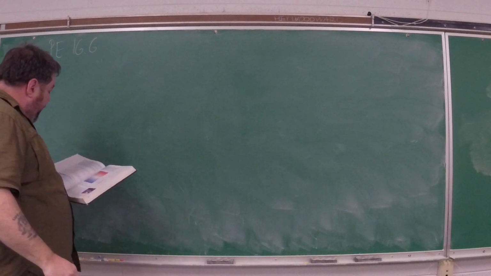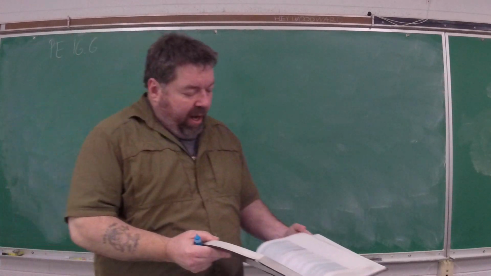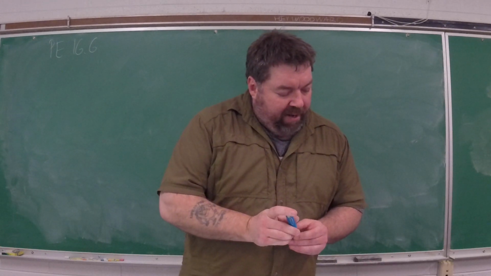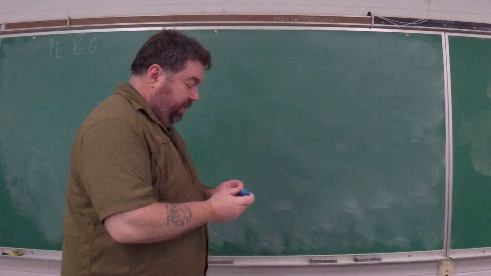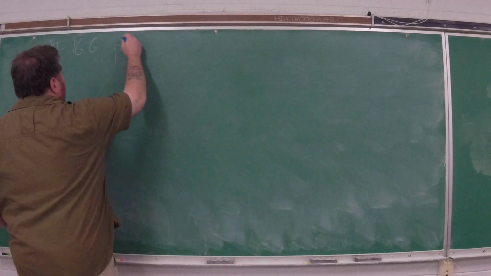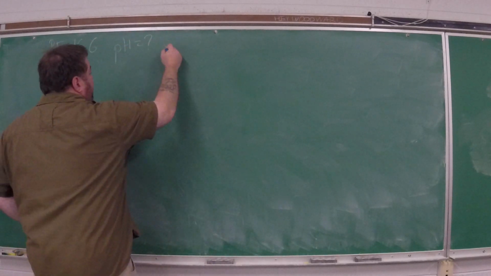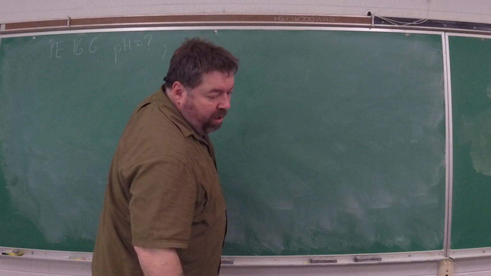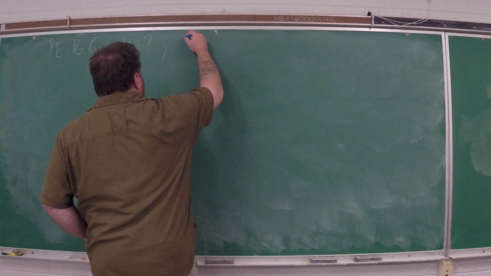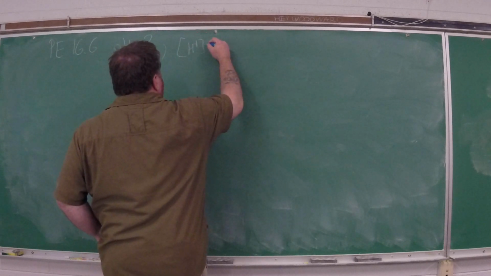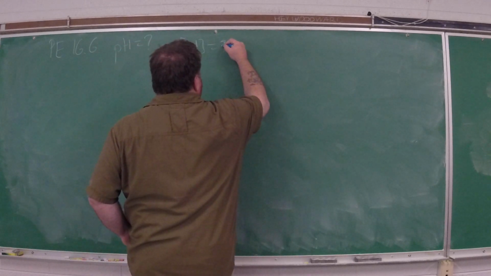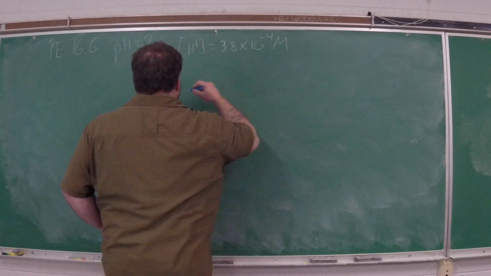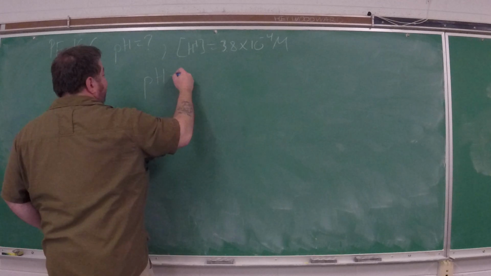Here they have a sample of lemon juice, where the H plus concentration equals 3.8 times 10 to the minus 4. What is the pH? Well, that's pretty straightforward. Asking for the pH, the concentration of H plus is 3.8 times 10 to the minus 4. Simply plug it into the pH calculation.